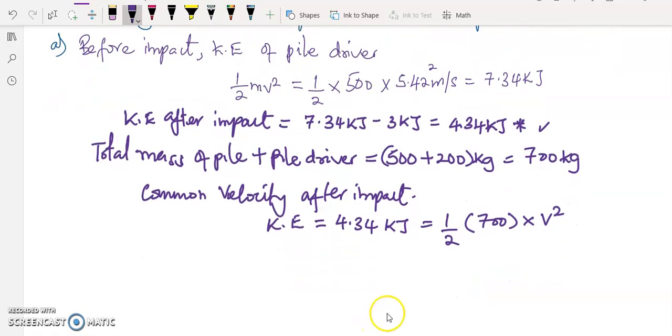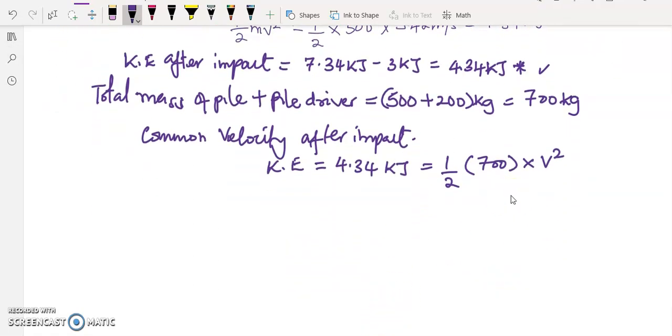We want to get the value of v, so v is the square root of 2 multiplied by 4.34 times 10 raised to power 3, divided by 700, where 700 is the mass.